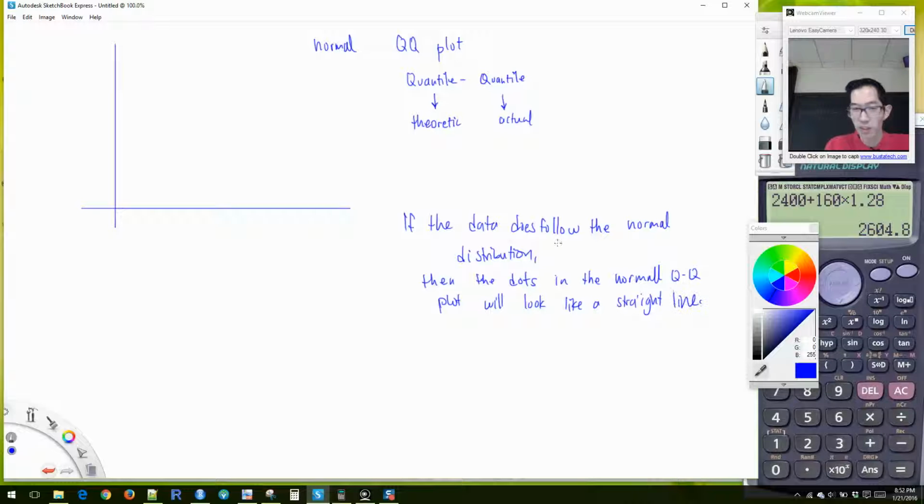Okay, that's kind of the key thing. So you should get something that looks kind of like this. Maybe a little bit of scatter, but overall you should get a straight line.